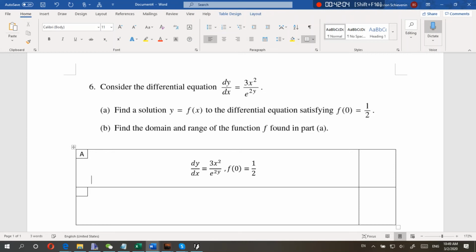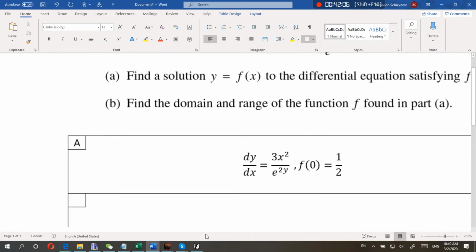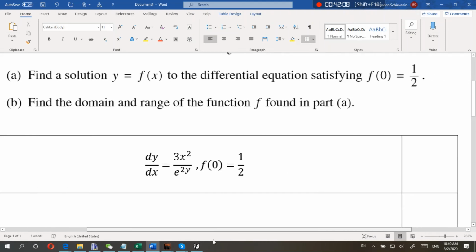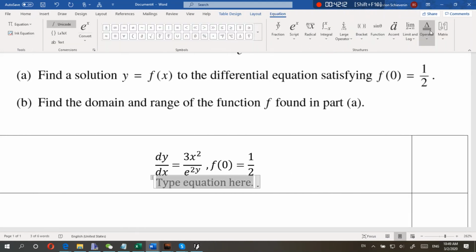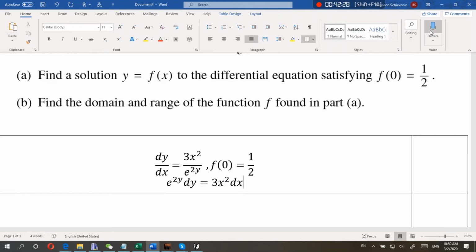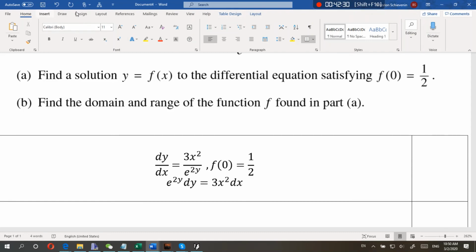Okay, my goal is to find what y would be. So my first step is going to be to separate these variables. So I'm going to throw all my y's to one side. e to the 2y dy is equal to 3x squared dx. Okay, so I've got all of my y's on one side and all of my x's on the other.